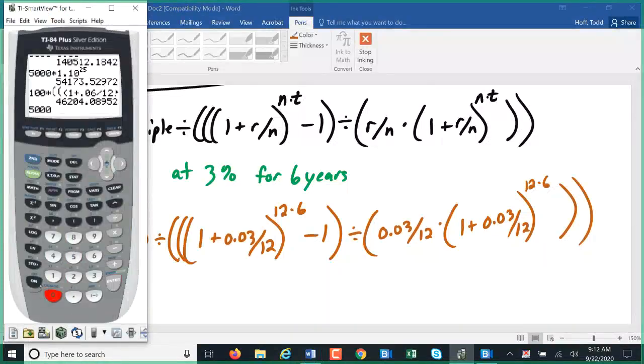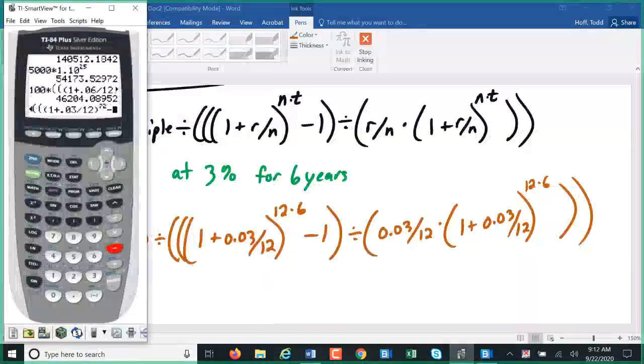Now, $50,000 is not a very expensive truck anymore, by the way. 1 plus 0.03 divided by 12, to the power of 12 times 6 is 72, so I'm just going to save a couple of keystrokes and enter 72. Minus 1, close parentheses, divided by 0.03 divided by 12, times 1 plus 0.03 divided by 12. This formula is quite a mouthful, I admit that.